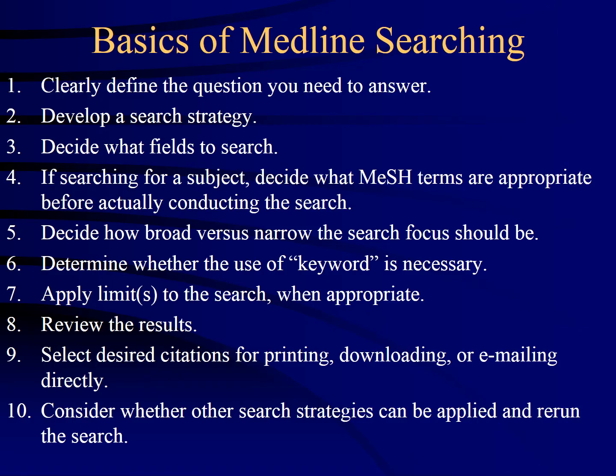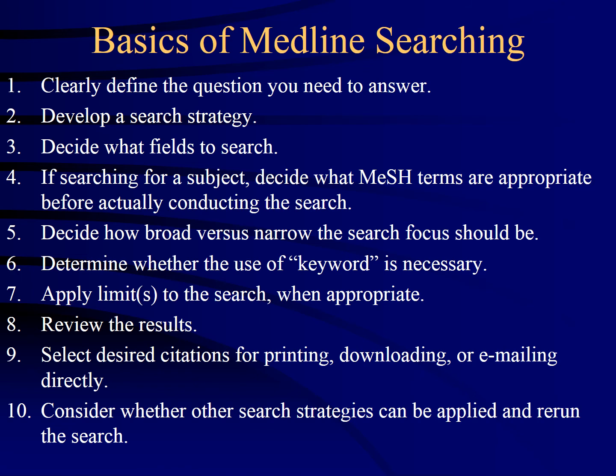So the basics of Medline searching. Number 1, clearly define the question you need to answer. Understand what you are trying to answer so you can decide on the appropriate search strategy and MeSH terms. The second step is to develop a search strategy. Decide on what Boolean logic operators you will be using.